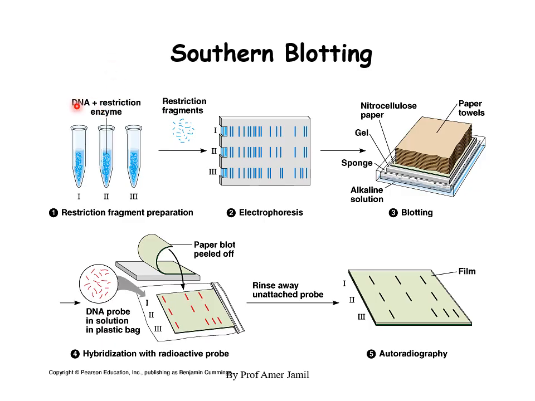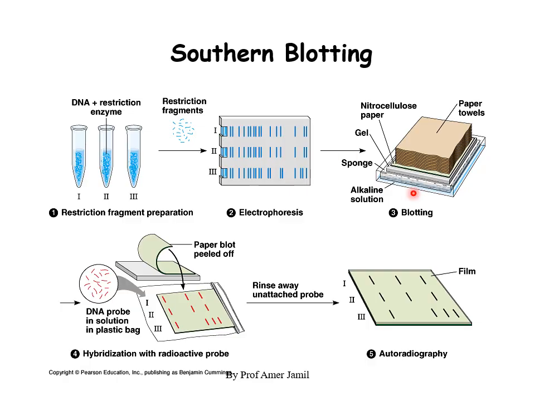What we do here is we isolate total DNA or genomic DNA, and then we cut it with a restriction enzyme into small fragments. When we run it on agarose gel, because there will be thousands of these fragments, we cannot distinguish one from another.